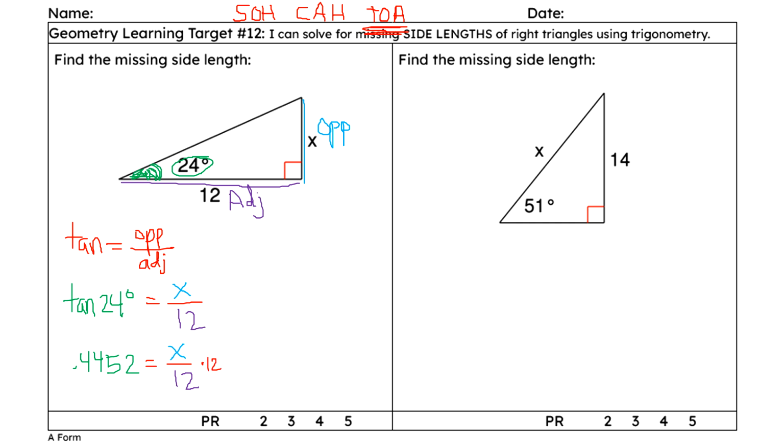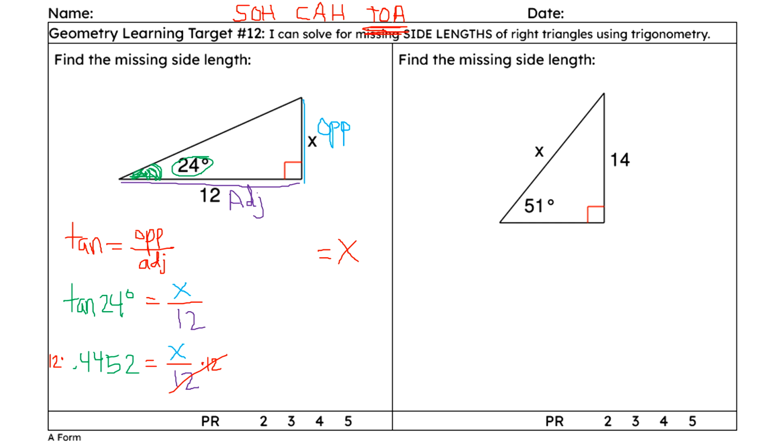This side of the equal sign and this side of the equal sign, multiplying each by 12, as those will then cancel and I will have x all by itself. Therefore, x will be equal to, and this was on the left side, so I'll just continue to do it backwards here, no big deal, whatever 12 times 0.4452 is.